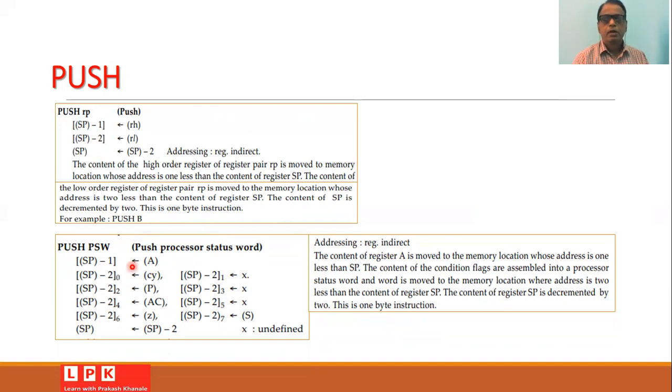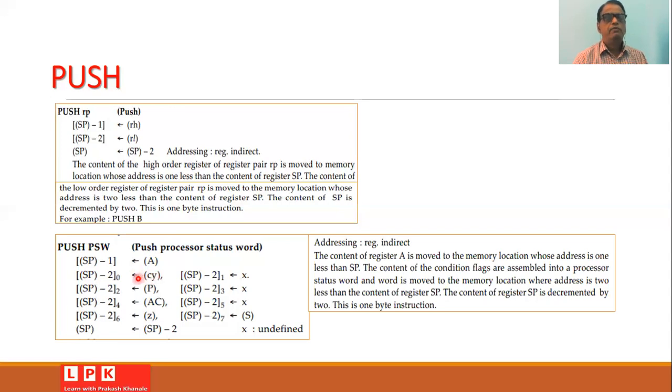Then the contents of the condition flags such as carry, parity, auxiliary carry, zero, and sign flag are assembled into the processor status word, and this word is moved to the memory location whose address is 2 less than the content of the stack pointer SP.